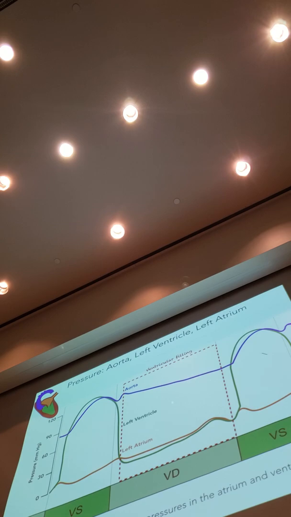So I started with ventricular filling, and what I've got in the upper left is the left side of your heart. In orange, that's atrium. Ventricle in green, aorta blue. So you can sort of visualize blood is always going to move in that direction from atria to ventricle to aorta.